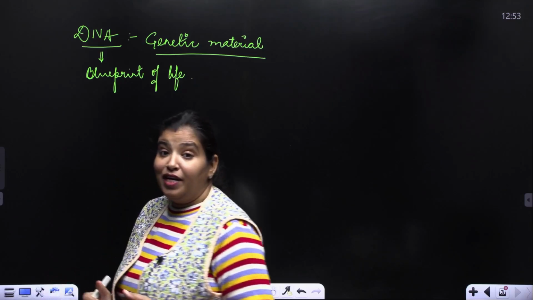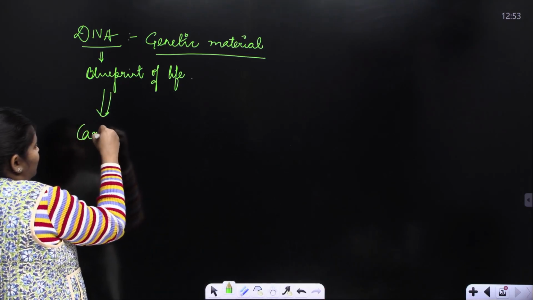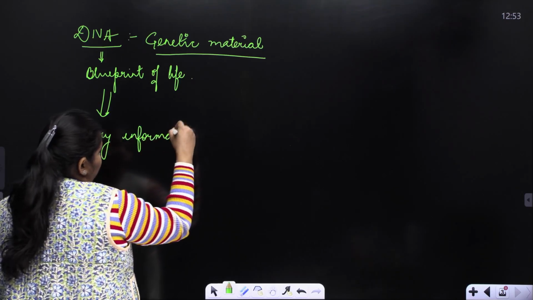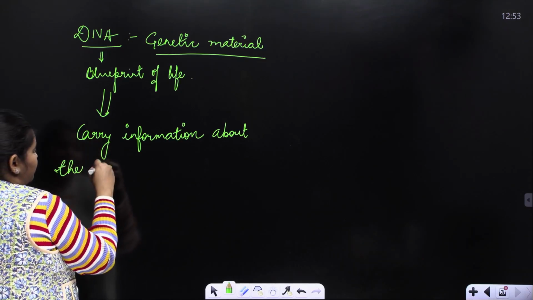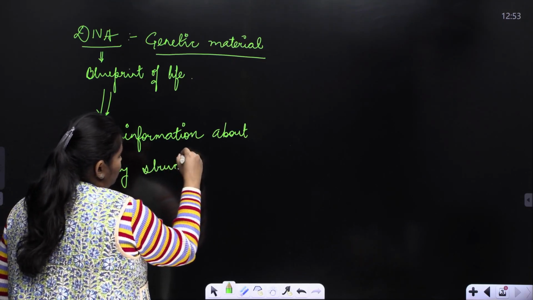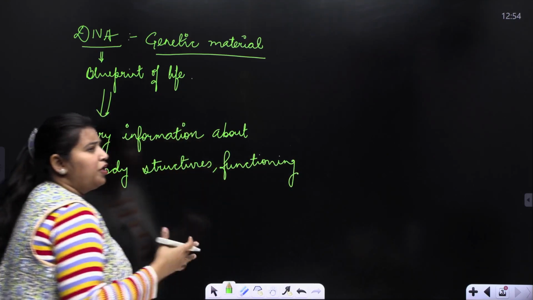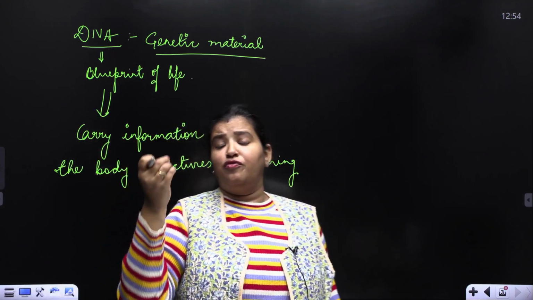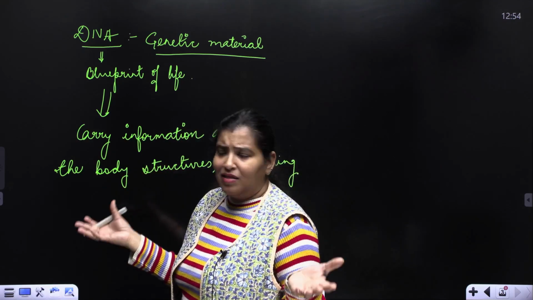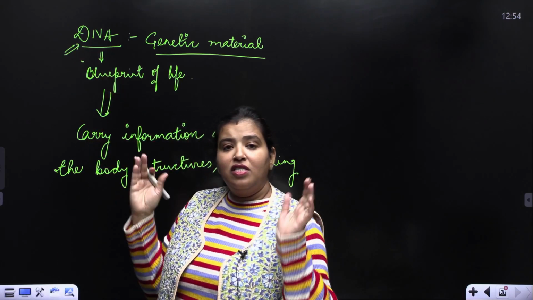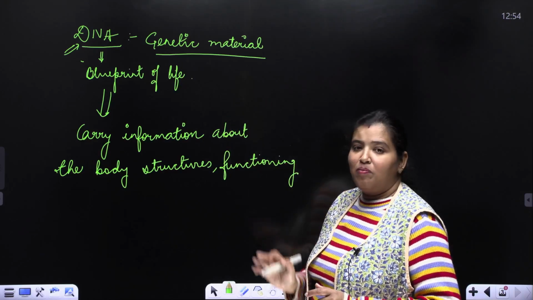This genetic material is only responsible to carry information about the body structures, the functioning, etc. Everything that is happening in the body, all the structures, from the formation of my hair to the formation of the nail, how it is going to take place, what will be the shape, what will be the color, what will be the pattern, everything is decided by this DNA, because this DNA has all the information stored. So that is why I said that DNA is said to be the blueprint of life.